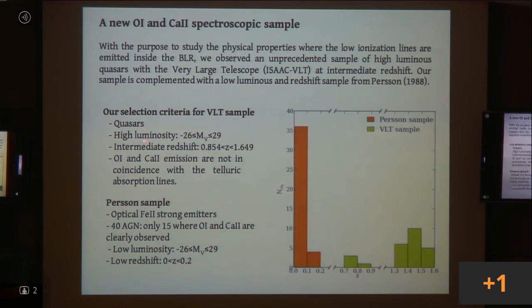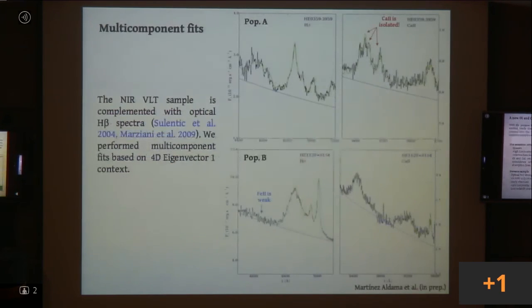And all of our objects show these lines, but we only took those which were not terribly contaminated with the telluric. Okay, this is an example. This is the H-beta data, our own data from Sulentic, Marziani. You can see here how strong iron 2 emission can get.